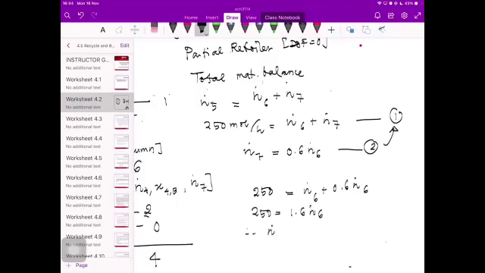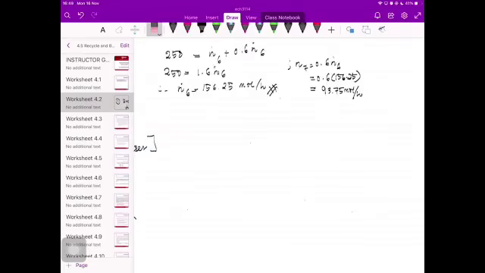Therefore, N6 is equal to 156.25. The unit is mole per hour. Okay, so 250 divided by 1.6, so we have 156.25 for N6.